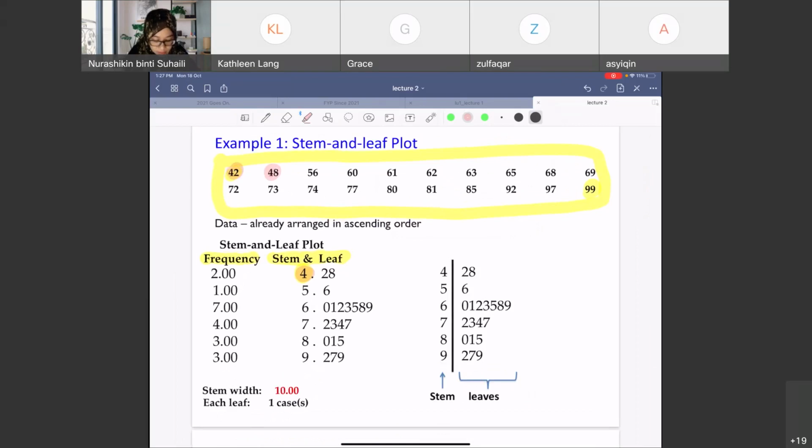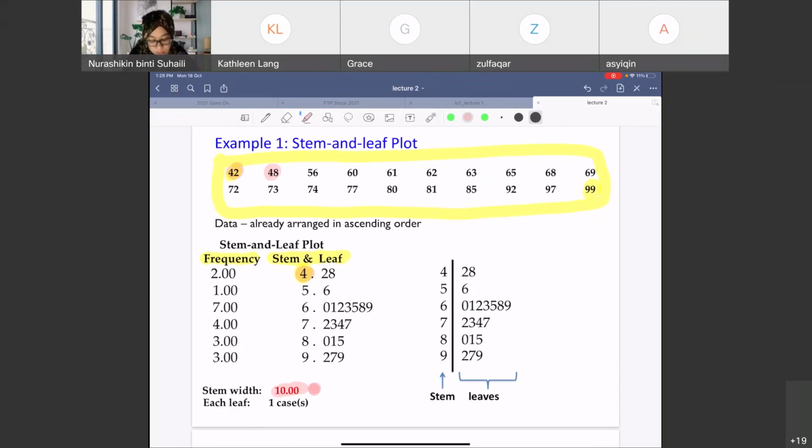So you put the stem as 4, and then a point, and you have to define the width of the stem, which is 10. It means it's actually 40, but you present it as 4 point something, 4.2, 4.8. But the actual value should be multiplied by 10. That's why you define the width here.